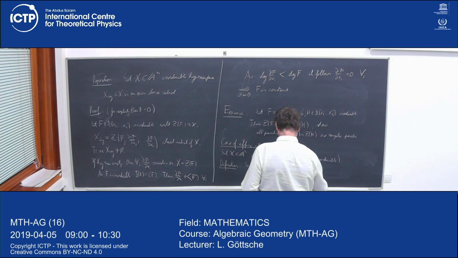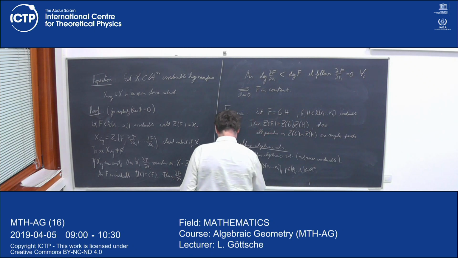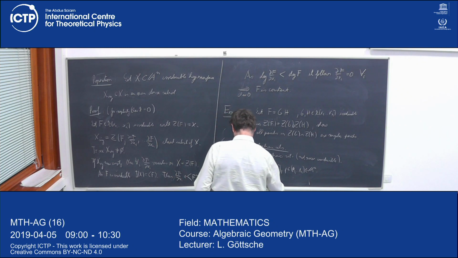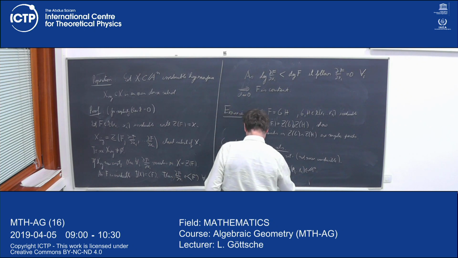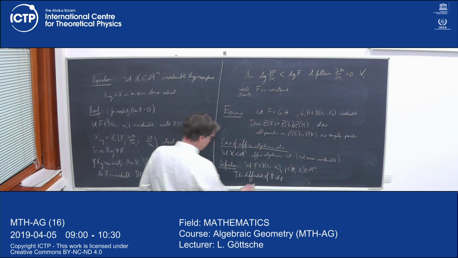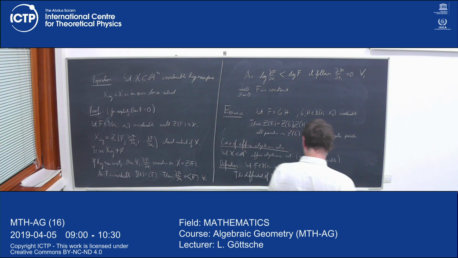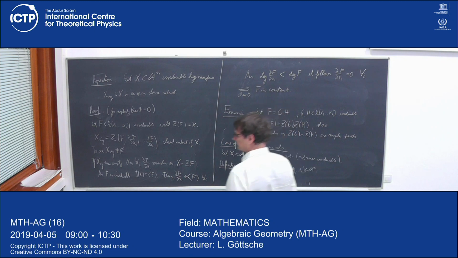p = (p1, ..., pn) a point in A^n. So the differential of f at p is just, I think, what you know. So I write it when I want to.